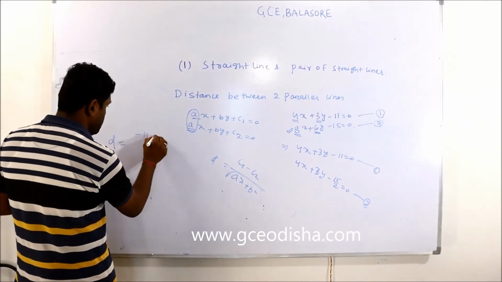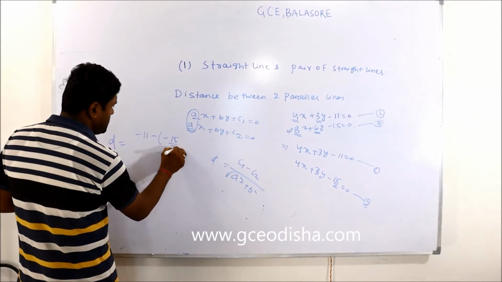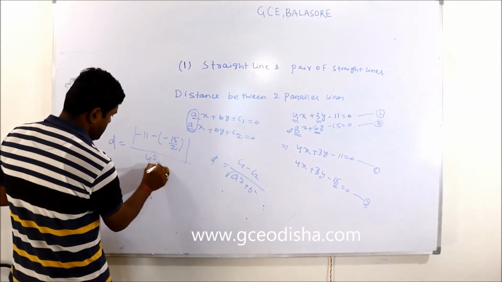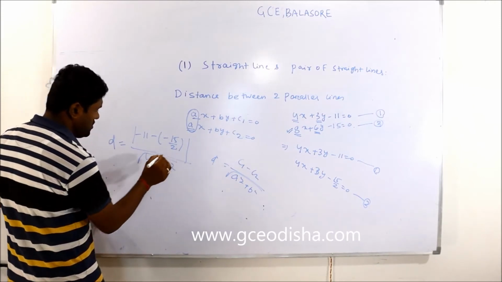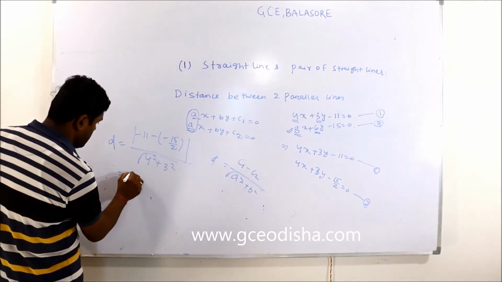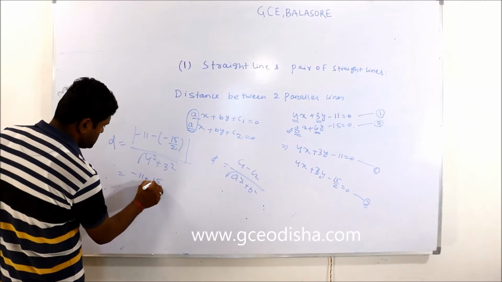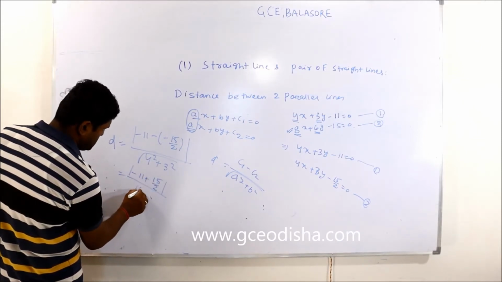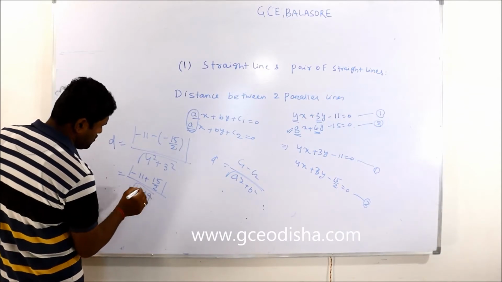C1 minus 11 minus of minus 15 by 2 mod whole divided by, what is A? 4 square plus 3 square root over. Okay, that will come minus 11 plus 15 by 2 mod divided by 16 plus 9 root over.